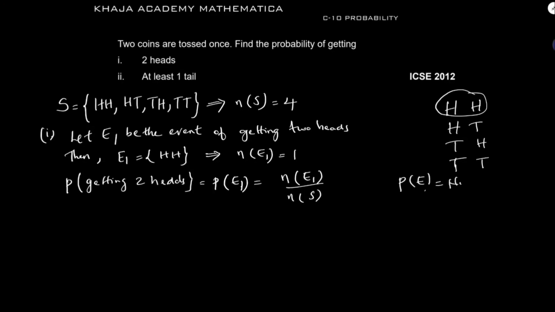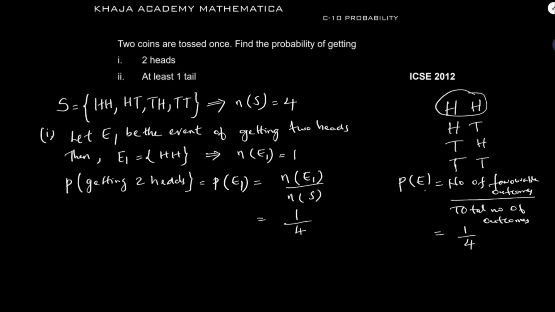The number of favorable outcomes is 1 and the total outcomes is 4. Or you can write it this way: n of E1 is 1 favorable outcome, total is 4. So the answer is 1 by 4.